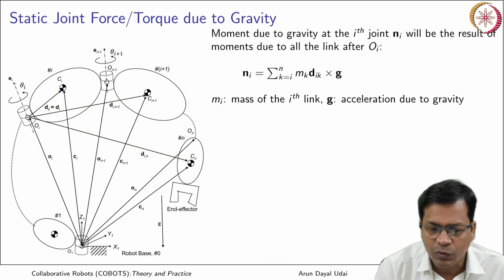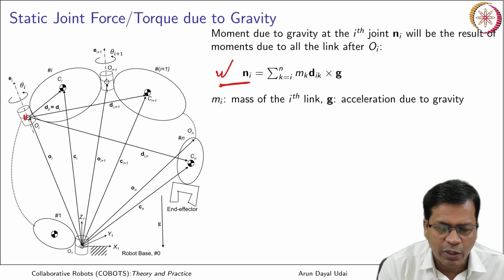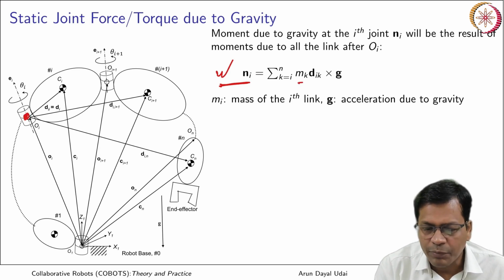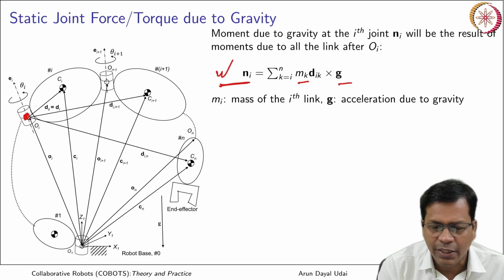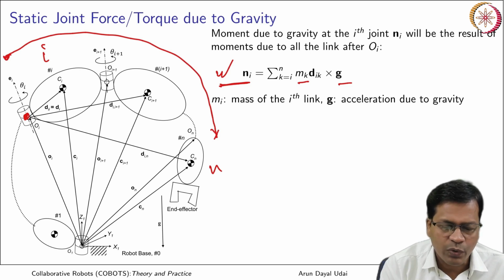So Ni will be the final moment. The total moment at the ith joint would be equal to the sum of all the moments m_k g, k equal to i to n finally. So all the links which are after the joint i will have influence on the moment here.